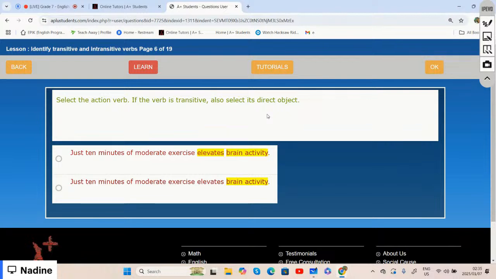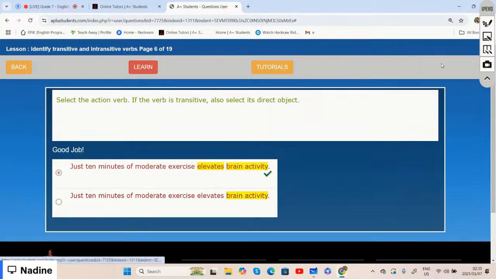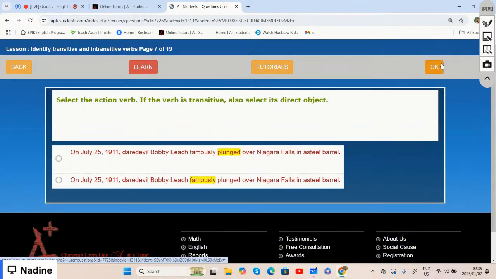And if we were to choose the correct option, we'll go with elevates brain activity. And that is our transitive verb and a direct object.